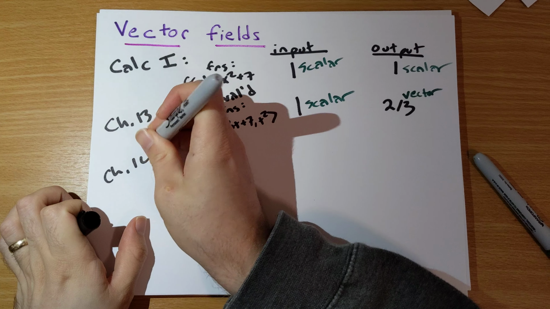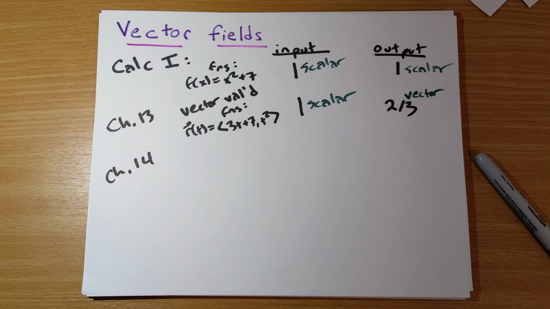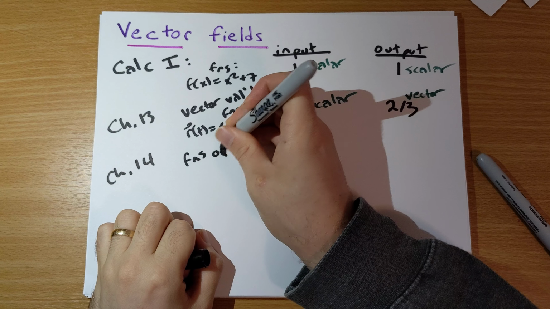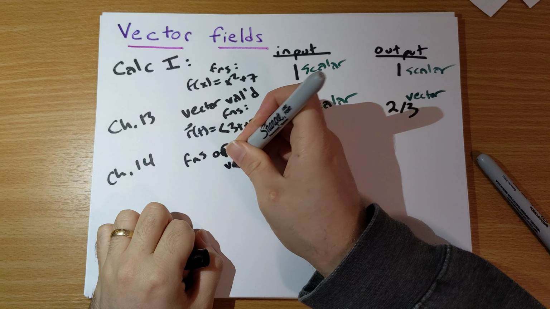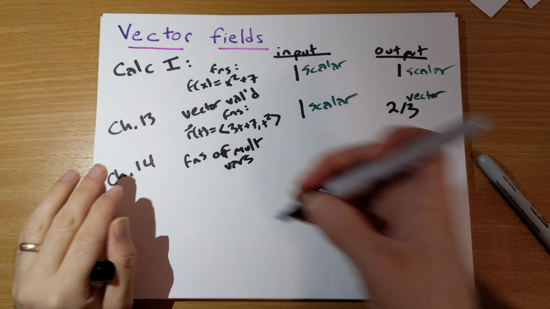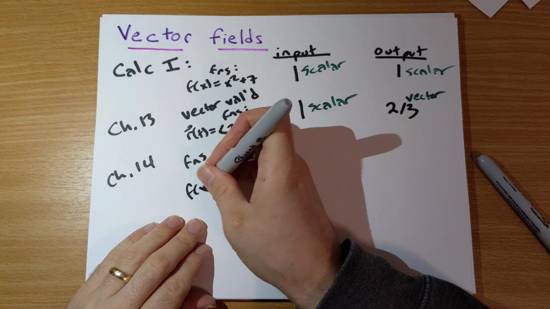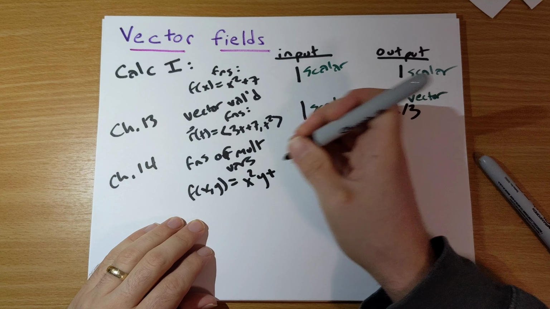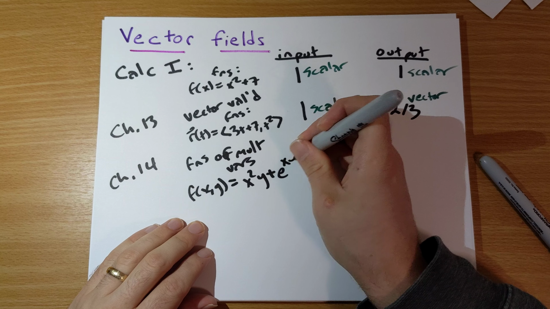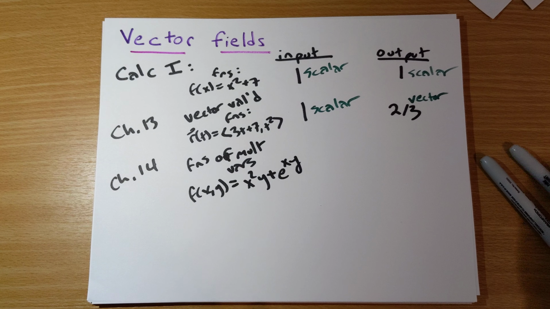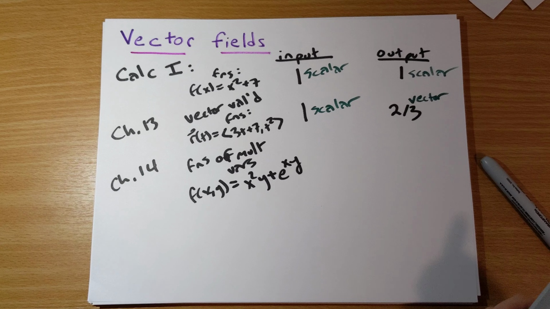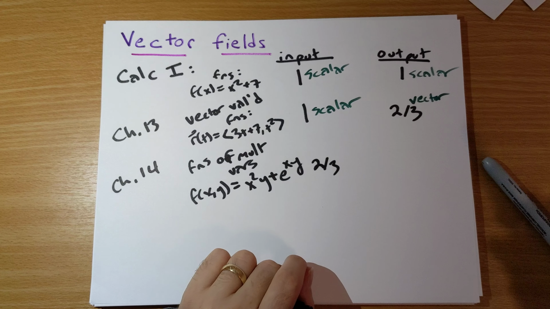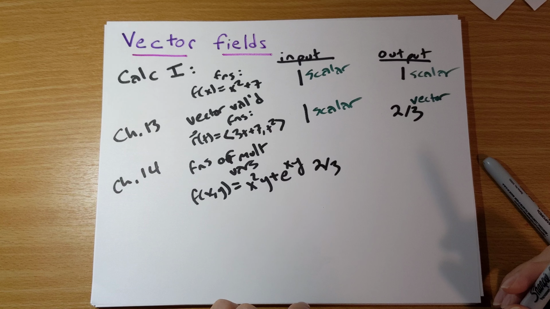In chapter 14, and then also in chapter 15, we're doing functions of multiple variables, something like f of x, y is equal to x squared y plus e to the x times y. And so what's going on here? We now have two inputs, or we could have three inputs if it was a function of three variables.